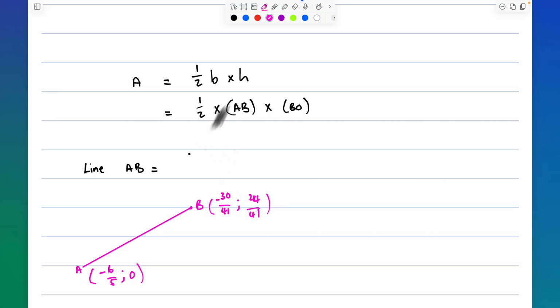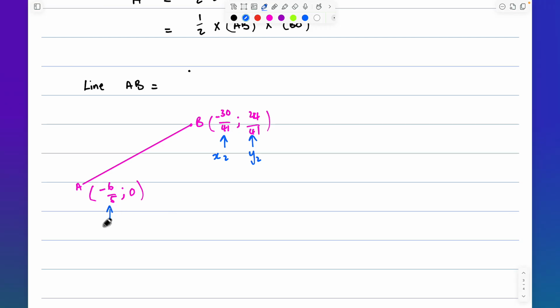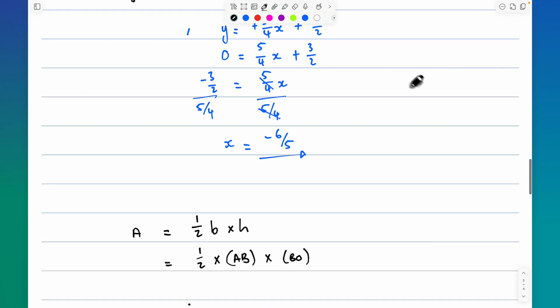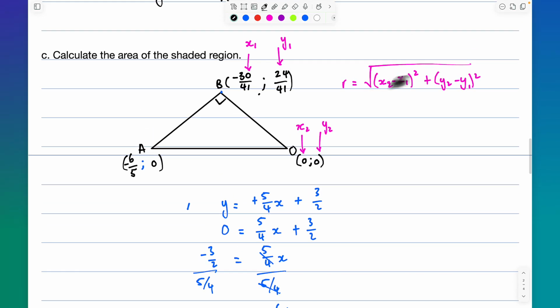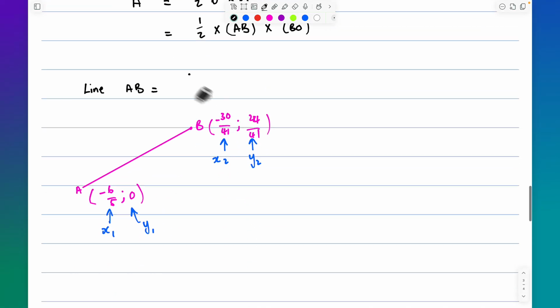Right, so we're going to try to assign numbers. So this is going to be our x2. This is going to be our y2. This is going to be our x1. This is going to be our y1. Right, cool. So the equation then becomes, because remember, r is equal to the square root of the difference of your x's squared plus the difference in your y's squared. So we're going to do exactly that.